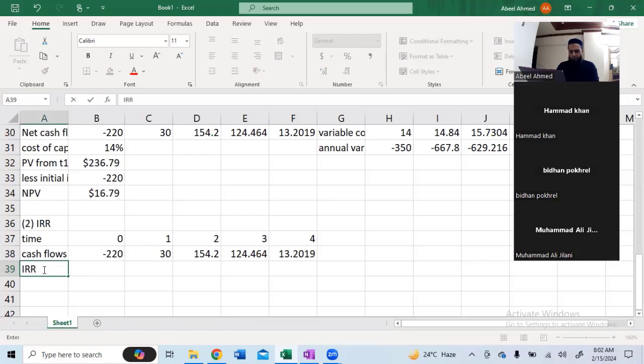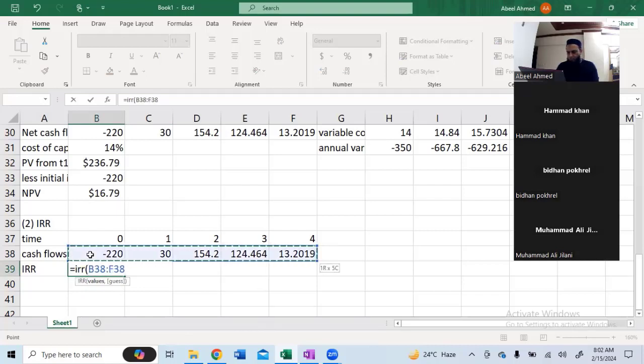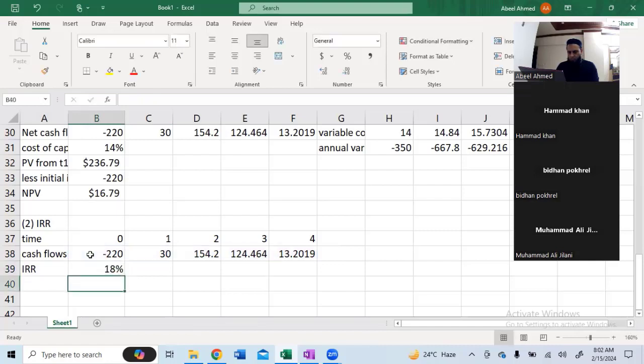Let's say IRR. Just take all the values. We're getting 18%. Is this clear to everyone? I hope that you people are also using the same shortcut. Is this clear to everyone?